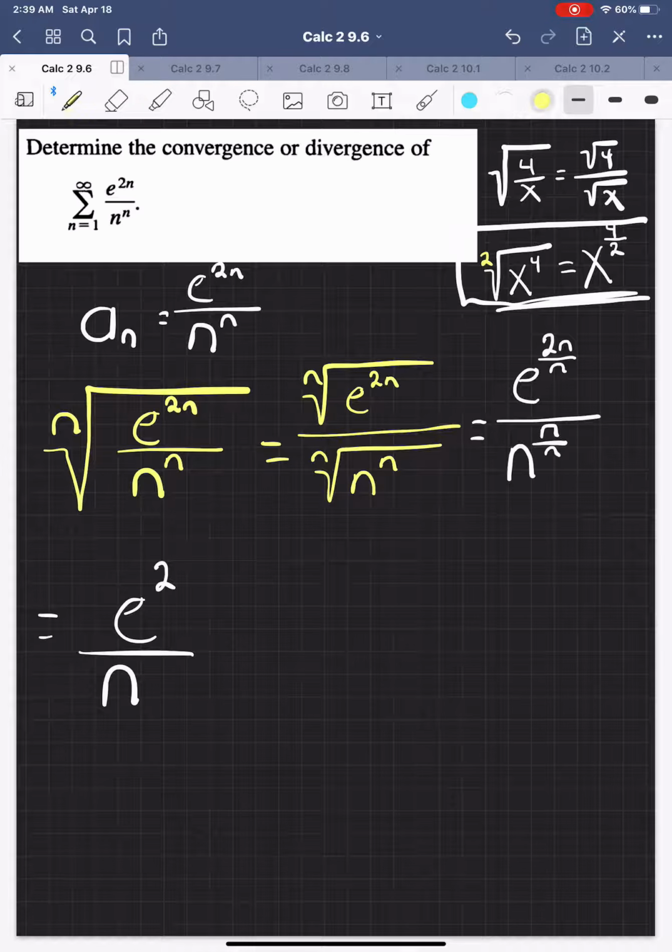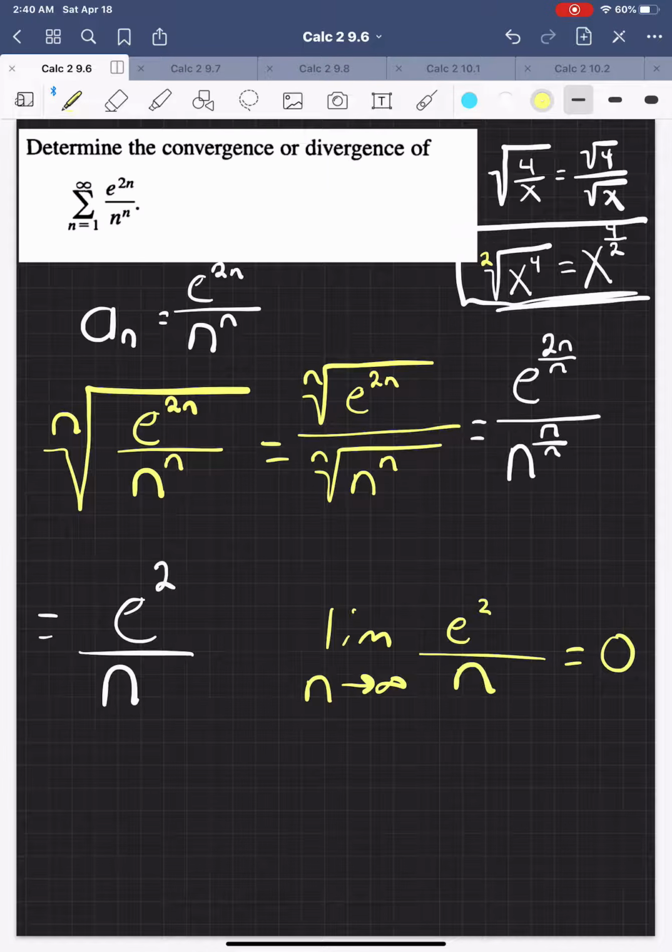Now, that was actually easier than the ratio test, I think you would agree. So let's take the limit of that, with n moving to infinity, of e squared over n. Well, that's simple enough. That's just equal to 0. Well, what does that mean?